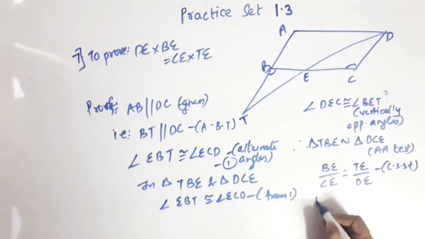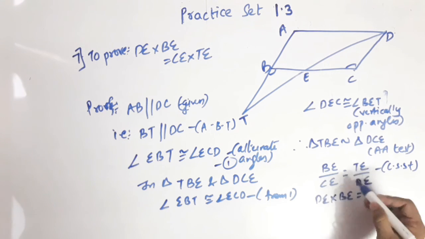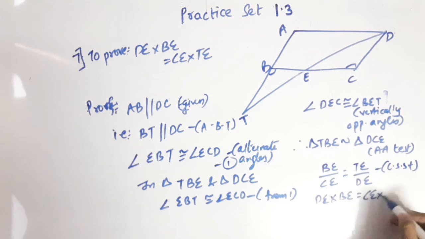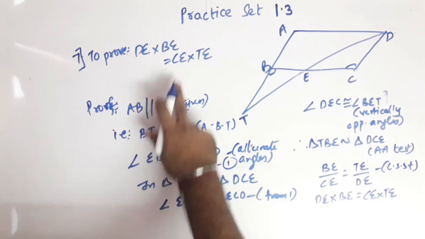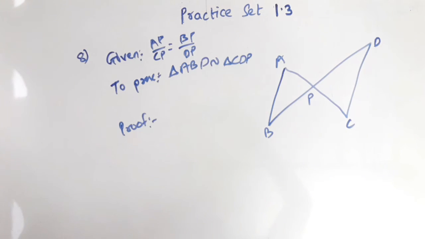Cross multiply. DE into BE equals CE into TE. Hence proved. Very simple. Prove the triangles similar, write CSST and cross multiply, you will get what we want to prove. Okay, next, question number 8.